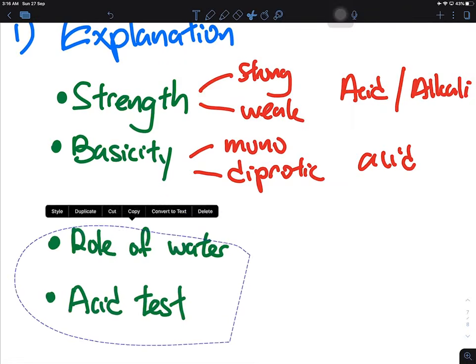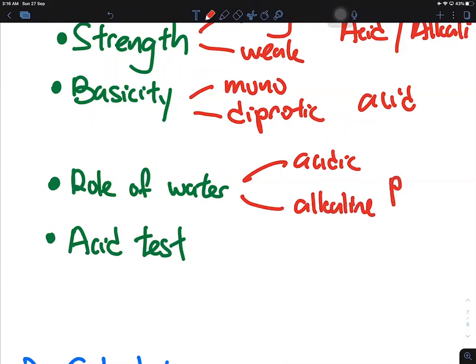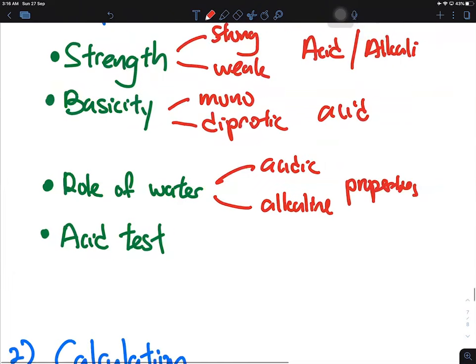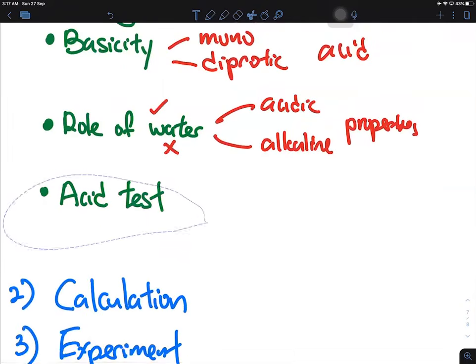The role of water in showing acidic or alkaline properties. Okay, that means with the presence of water, with water or without water. With water, what is the difference? Without water, what happens? Last one, acid test.